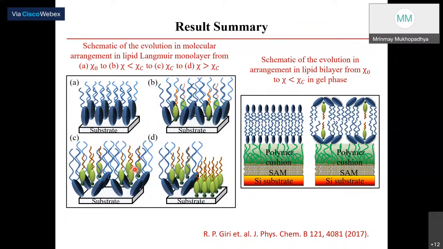If you have a higher cholesterol concentration, at some point there will be crystallization, and the cholesterols will form a crystal on the substrate. In one case it can form a tiny crystal within the membrane, in another case it can dissociate and form a complete stiff layer.